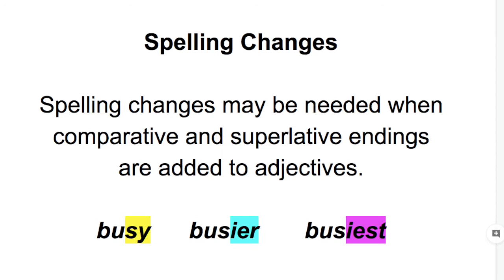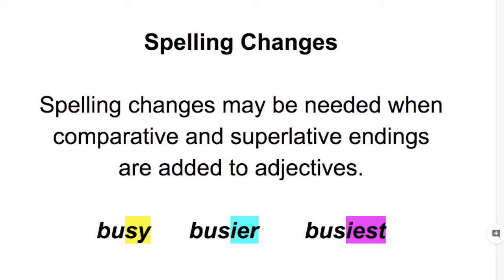All right, and let's talk about that little reminder of spelling changes when a word ends with a consonant and then a Y. Spelling changes may be needed when comparative and superlative endings are added to adjectives. So the example on page 55 is busy. If you look at the word busy, what are the last 2 letters?